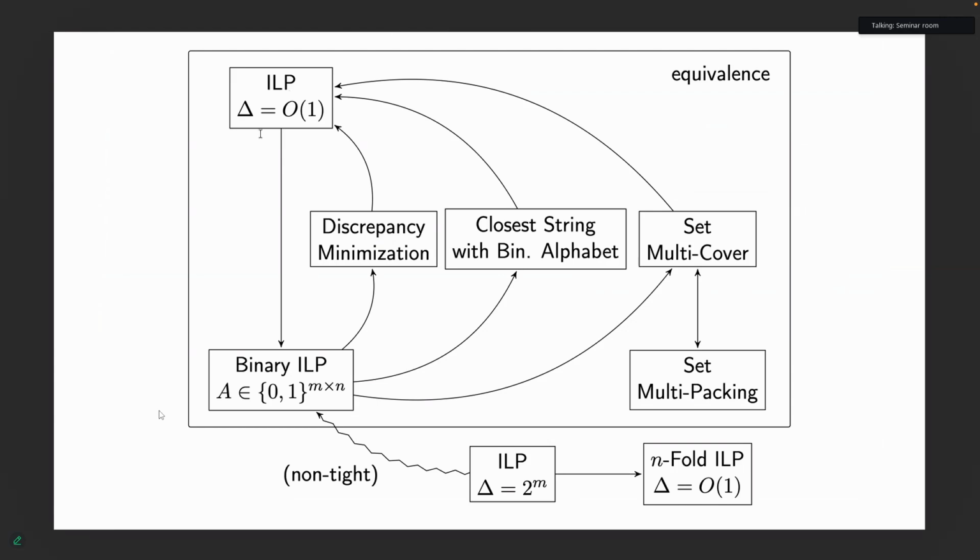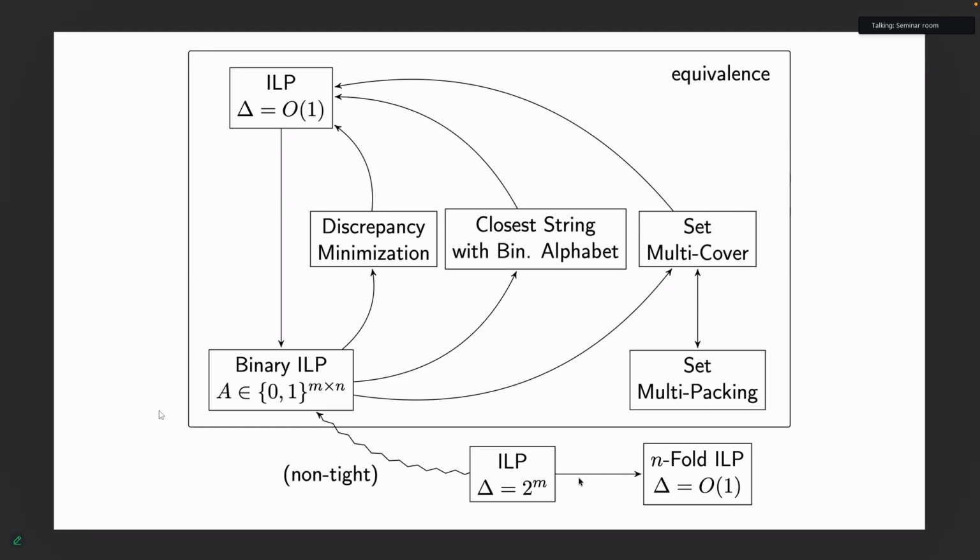We show that all of these problems are equivalent. We also have another hypothesis that we call strong ILP, and in that reduction you require that the delta is exponential in m, and this gives us the lower bound for something we call n-fold.